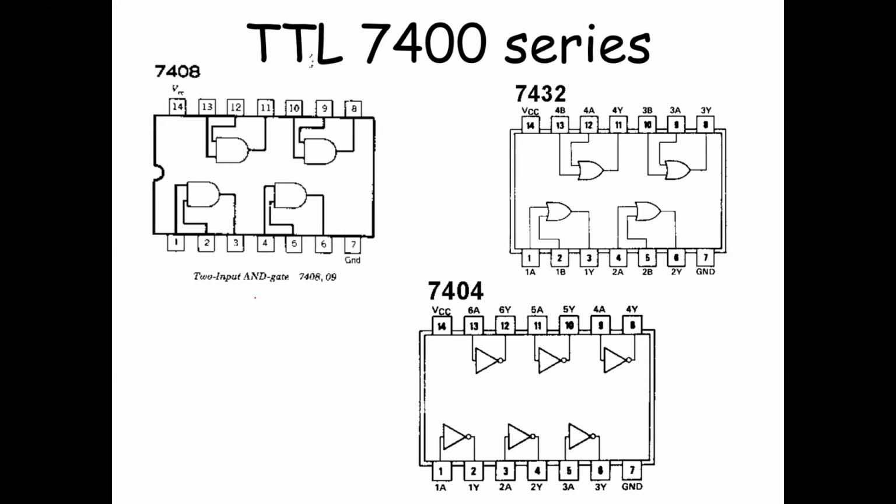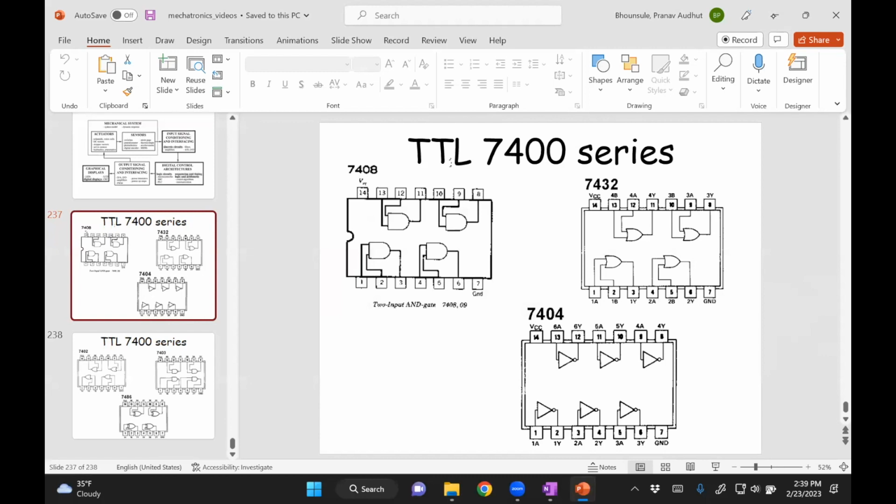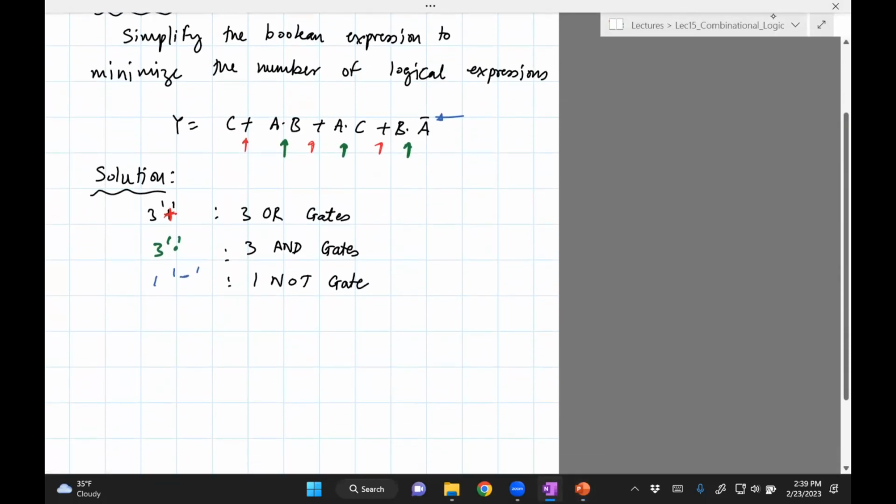So we need 1 7408, 1 7432, and 1 7404. So 3 ICs, or 3 chips.